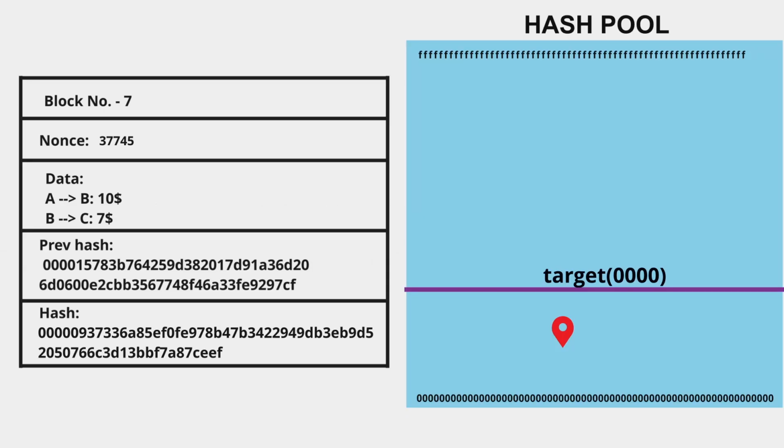There is an important thing about hashes, and that is the avalanche effect. Remember, we discussed this in earlier videos. If you change the input just a tiny bit, the hash will be a whole different thing. So here we can see that for this nonce the hash will be this, and it falls over here. If you increment the nonce by just 1, the hash is completely different, and now it falls here.